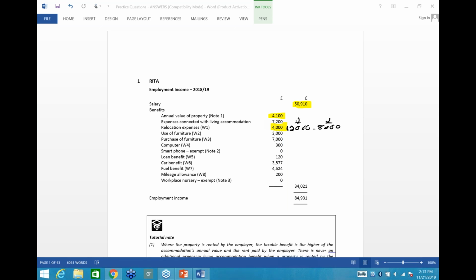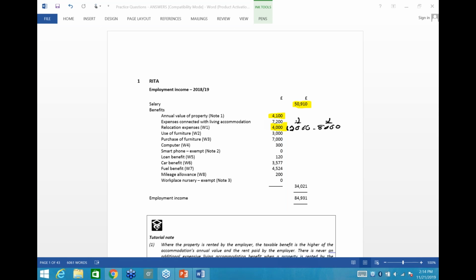Not only the rent, the electricity of the house, gas bill of the house, water bill of the house, the council tax, everything is paid by your employer. Remember, if I am given a benefit by my employer, since I am an employee.